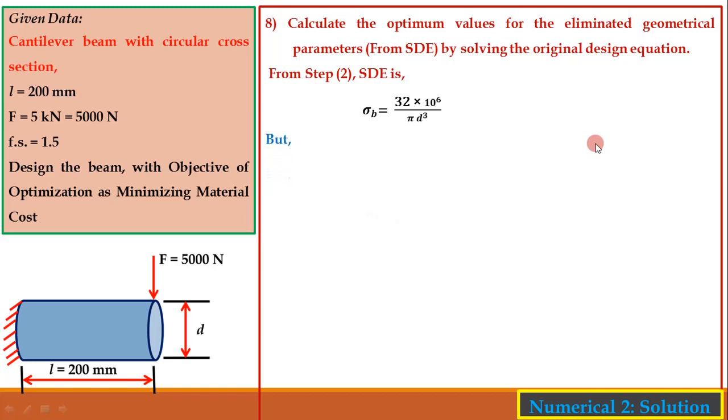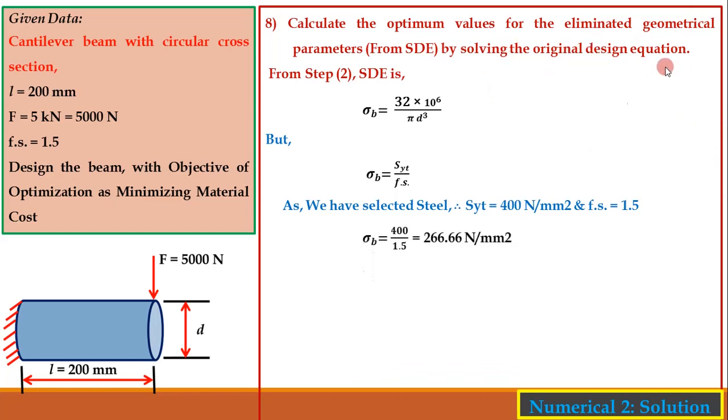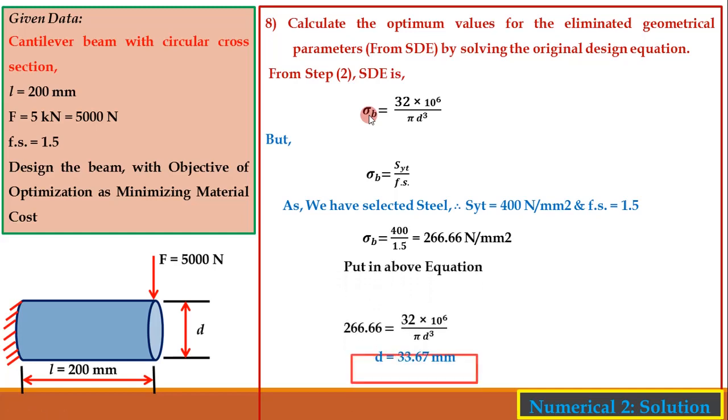By putting the value of SYT as 400 and Fs as 1.5, we get the value of sigma B as 266.66. Put this value of sigma B here and calculate the value of diameter. So this is the value of the eliminated geometrical parameter.